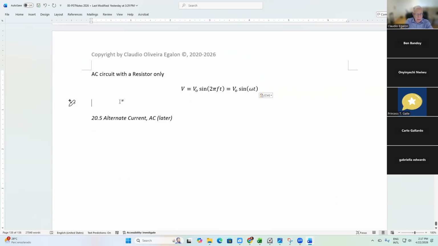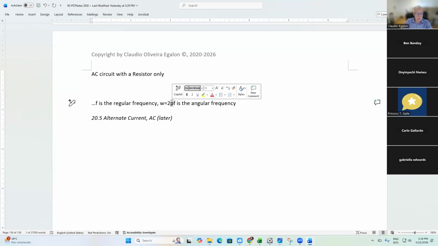F is the regular frequency, comma, omega is the angular frequency, which is 2 pi f. Here you go. The angular frequency.